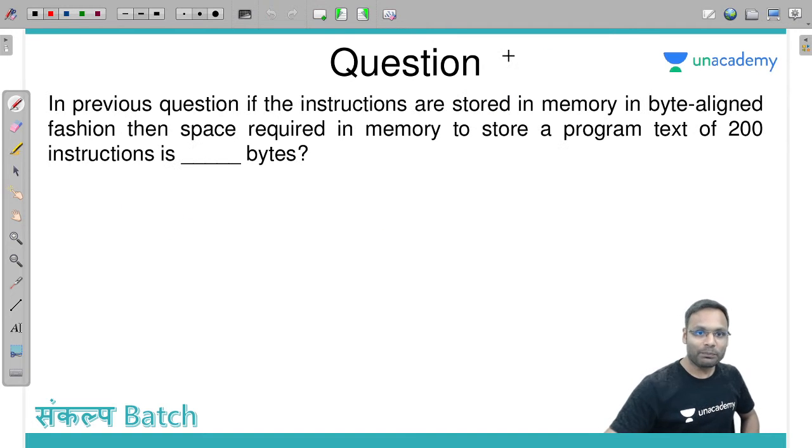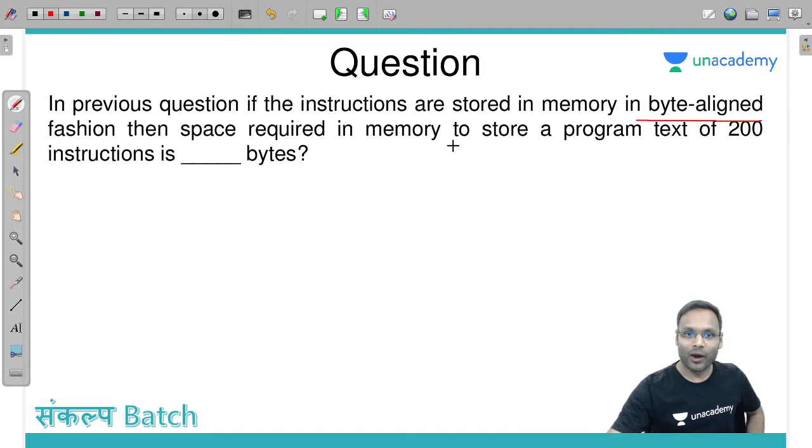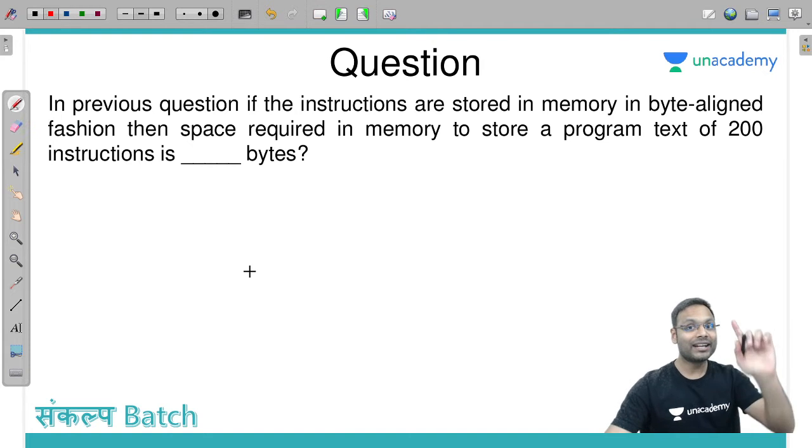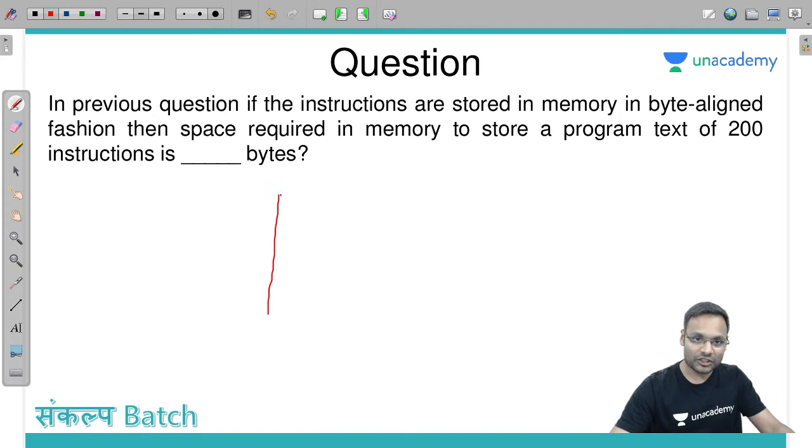In the previous question, if instructions are stored in memory in byte aligned fashion, byte aligned fashion means byte by byte, then the space required in memory to store a program text of 200 instructions is how much? In that case we need to store the instructions byte by byte. So a 22-bit instruction will be stored as 8 bits here, 1 byte, then 8 bits on the next location, remaining how many bits? 6 bits.